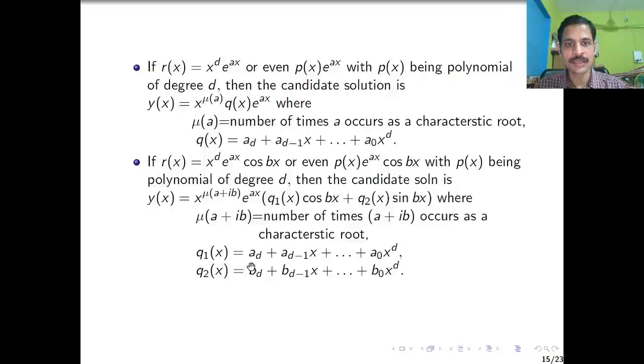And in that case, all these coefficients a_(d-1) up to a_0 and b_(d-1) up to b_0 are undetermined coefficients. On substituting y(x) in the non-homogeneous ODE, we will be able to find out the values of all these coefficients a_(d-1) up to a_0 and b_(d-1) up to b_0.